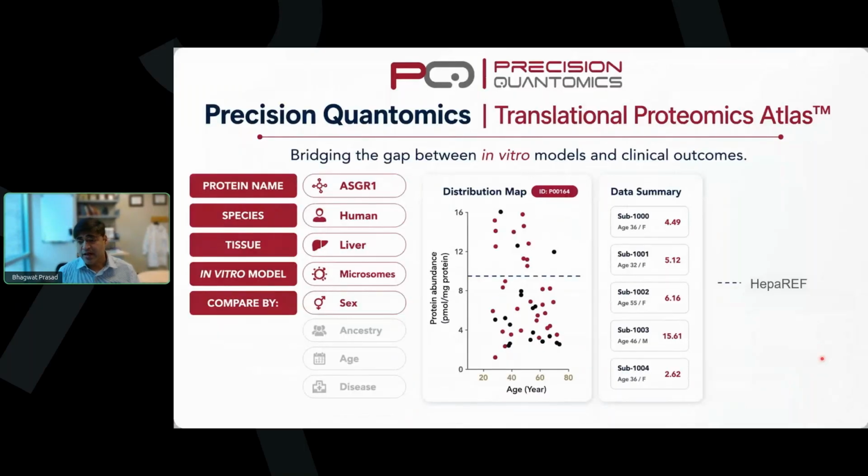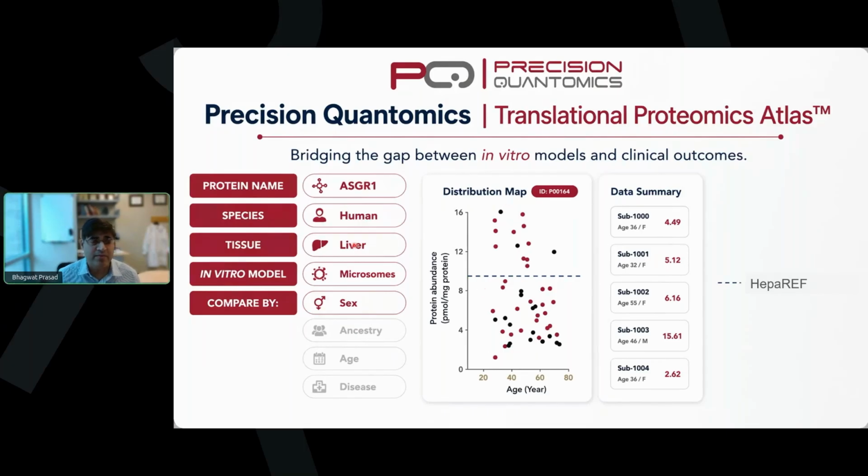Another thing I want to highlight is that we have developed at Precision Quantomics this translational proteomics atlas, which allows us to integrate these data and compare these NAM data with the human liver, human organ data, for example. So here is a case of human liver samples. These individual dots are individual human liver samples.